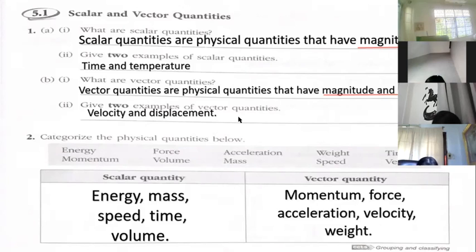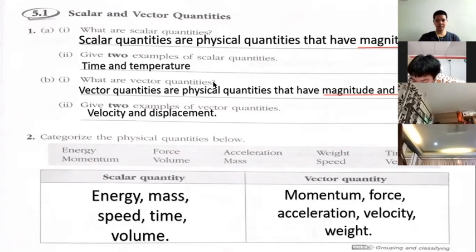Okay, so we have 3 minutes and 30 seconds left. So remember, scalar quantities, magnitude only. And for vector quantities, it's magnitude and direction. Okay, and the examples for scalar quantity, we have energy, mass, speed, time, and volume. And for vector quantity, we have momentum, force, acceleration, velocity, and weight.